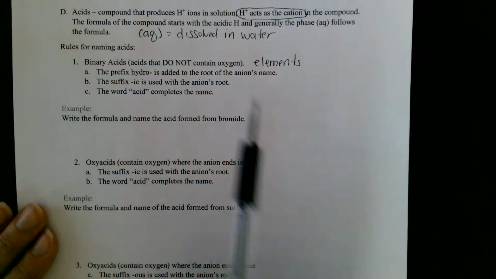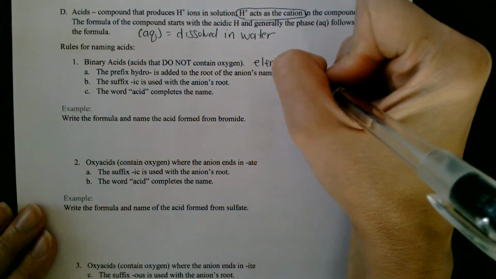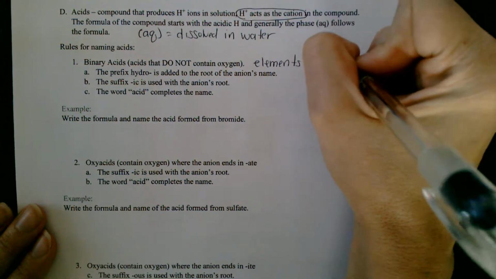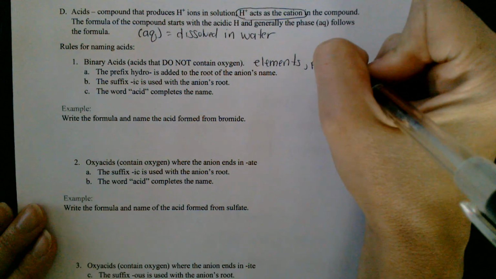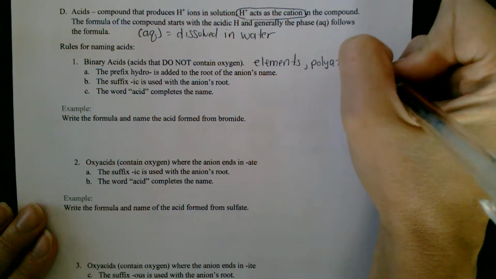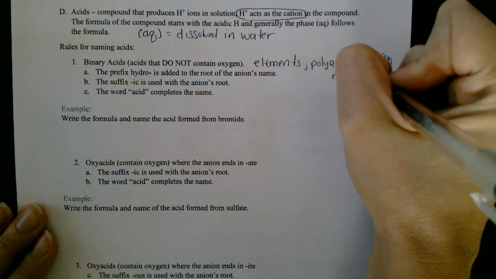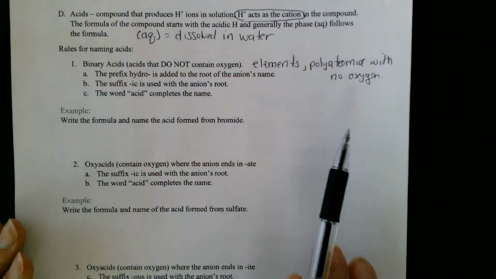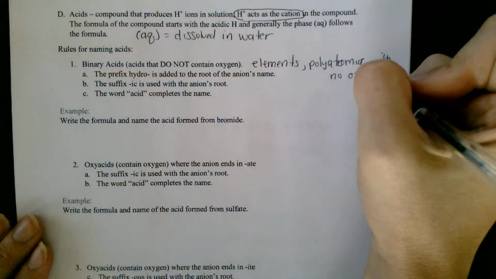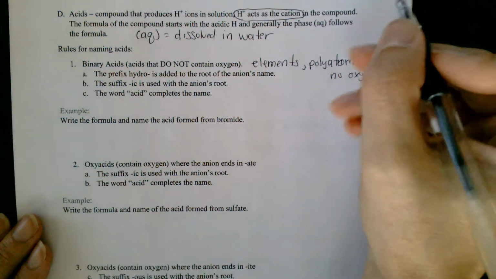But also, the elements and any polyatomic ion with no oxygen would also count. So what we're going to see for the most part for these ones, there's only a couple.